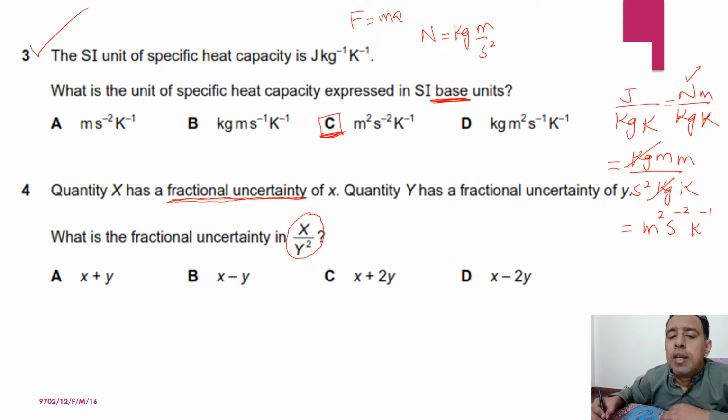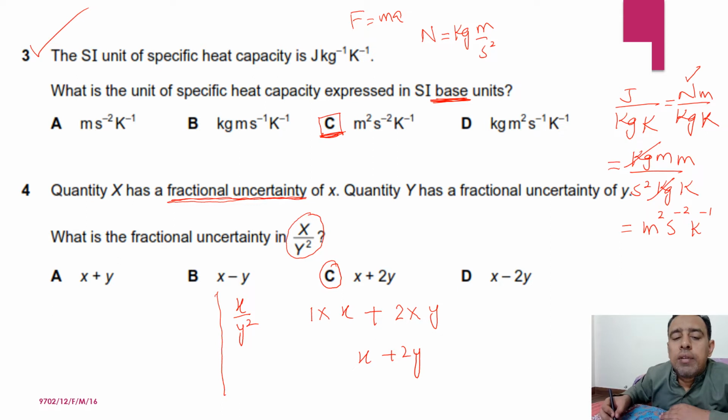So if x over y square is given, the power of x is 1, so 1 is multiplied with the fractional uncertainty of x, plus the power of y is 2, so 2 is multiplied with the fractional uncertainty of y. So the answer is x plus 2y. Option C is correct. Clear?